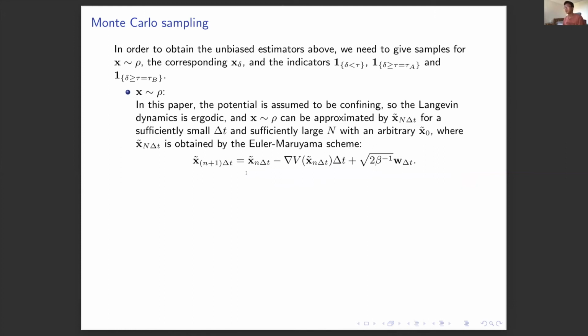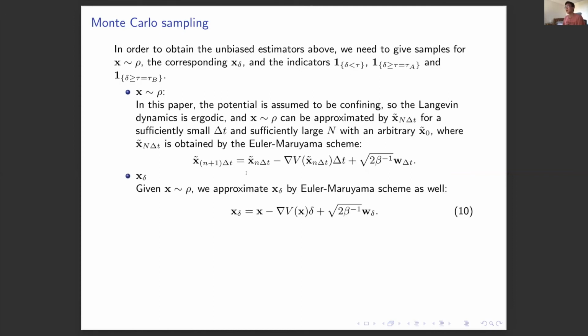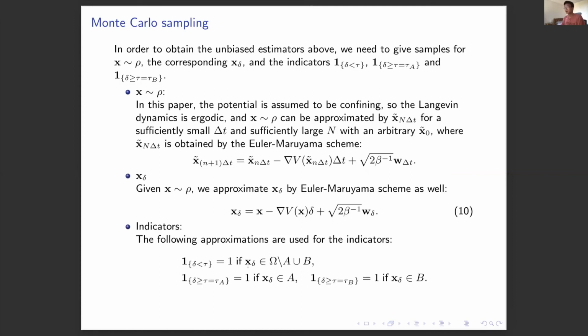So basically, we solve the Langevin dynamics by Euler-Maruyama scheme. And we also approximate the corresponding indicators using discretizations. And we also use multi-step Euler-Maruyama scheme to improve accuracy.